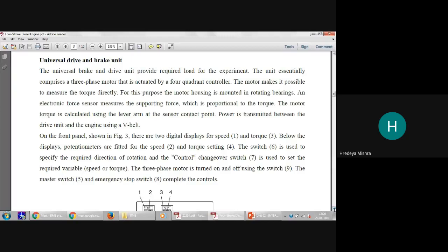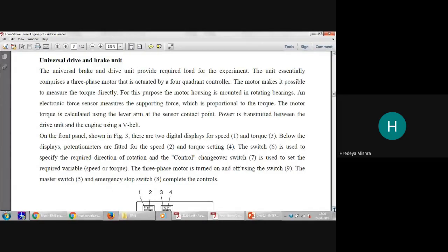The unit essentially comprises a three-phase motor that is actuated by a four-quadrant control.